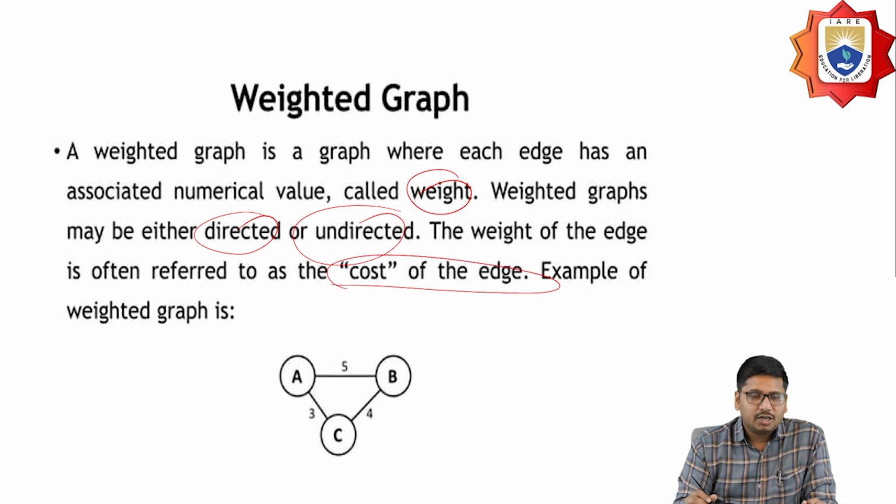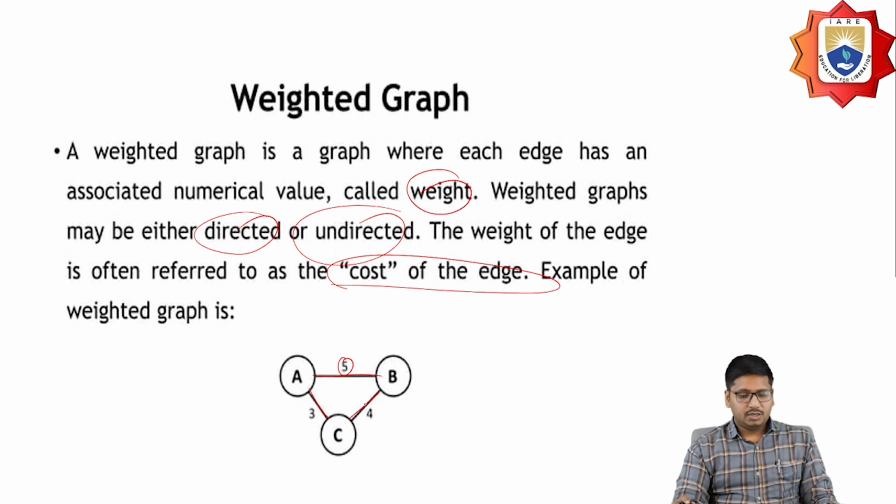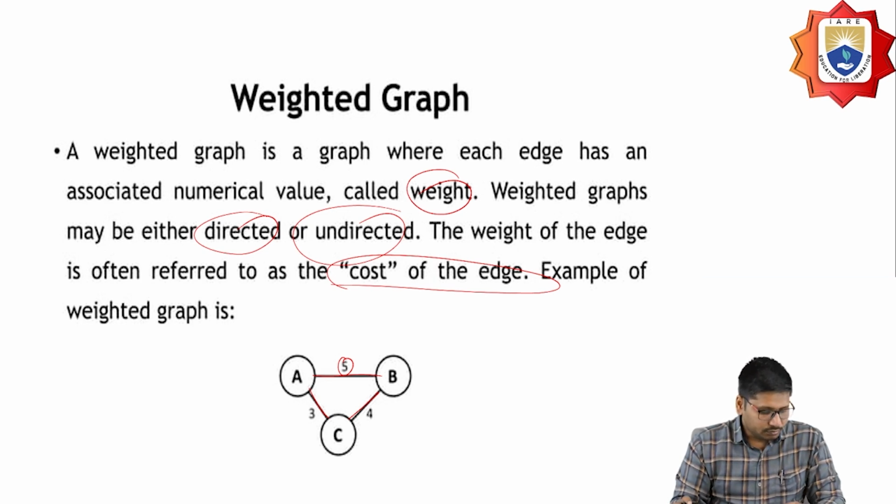An example of a weighted graph: whenever values are assigned to each edge, it is treated as a weighted graph. In weighted graphs there are also two types.